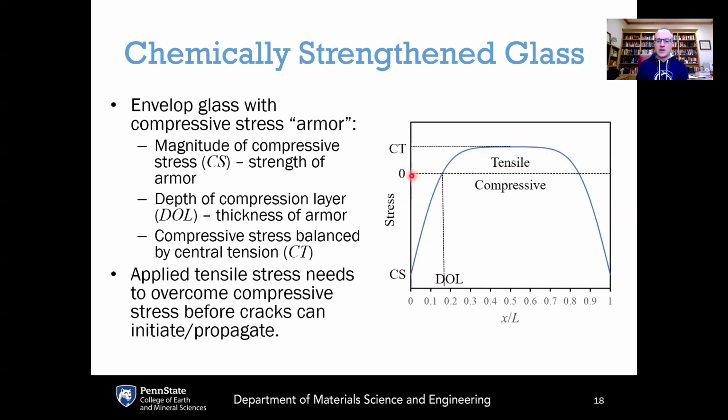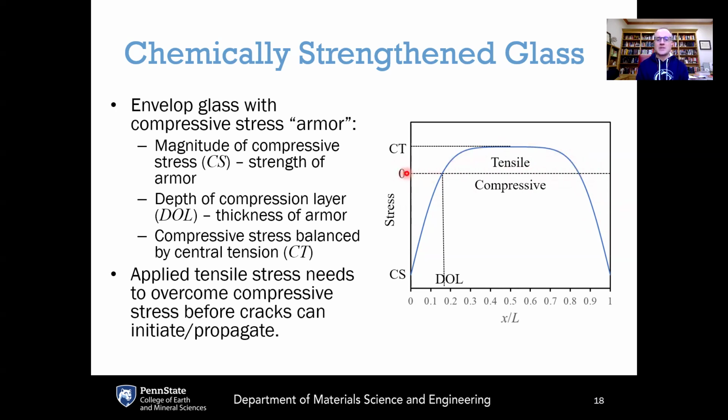So this 0 crossing point occurs where, if you were to integrate this triangular area here, so this compressive stress on the left, plus all of this integrated compressive stress on the right, those two areas added up have to equal the area of this tensile regime in the interior of the glass.